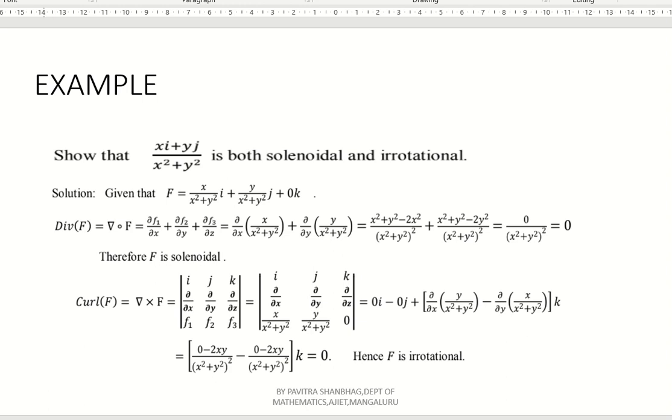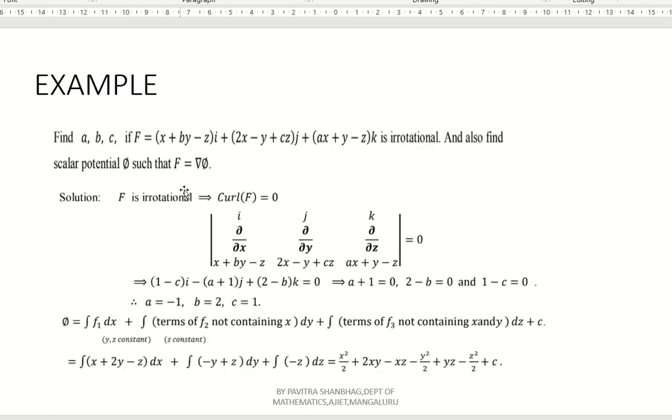Okay. Now let us move to one more problem under irrotational. Find a, b, c if vector f equal to x plus by minus z into i plus 2x minus y plus cz into j plus ax plus y minus z into k is irrotational. And also find the scalar potential phi such that vector f equals del phi.